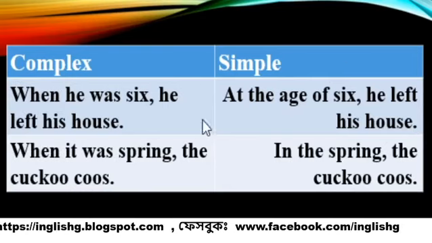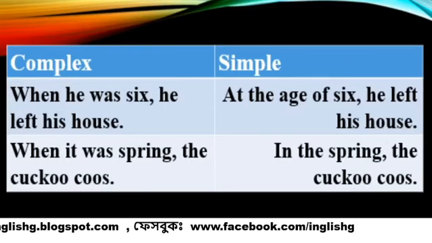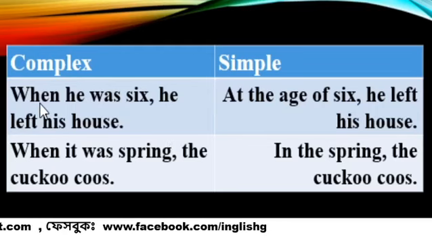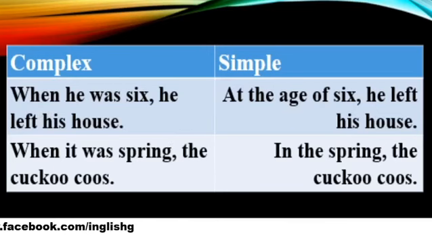The rule will be here: if by "when" it expresses age, then in a simple sentence we have to use "at the age of" plus the extension of the first clause, then the second clause. Let's see the rules.